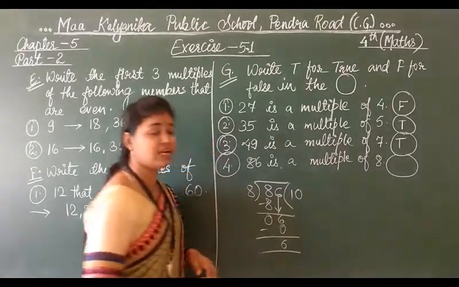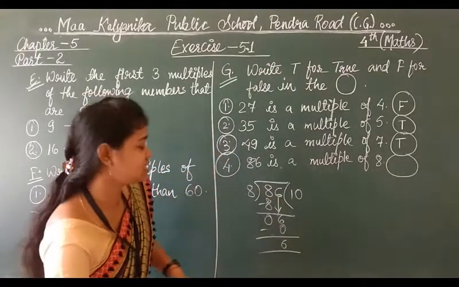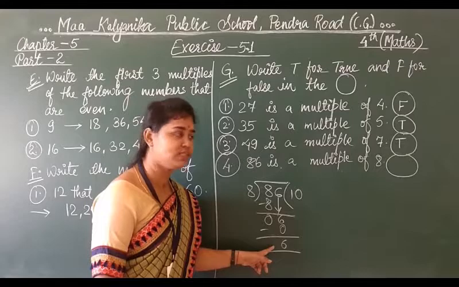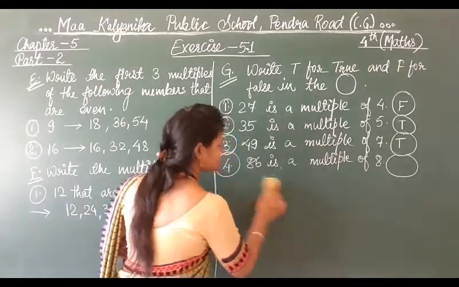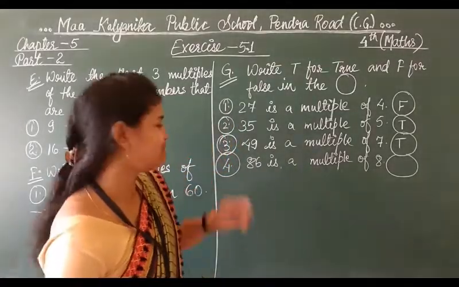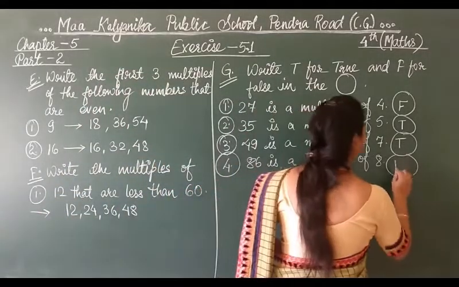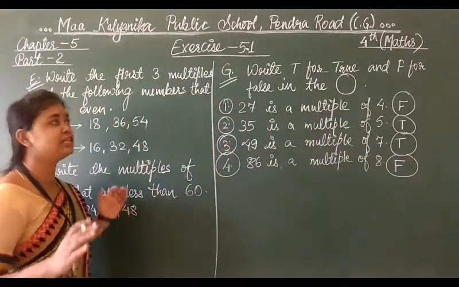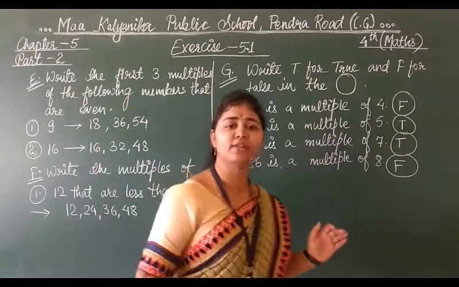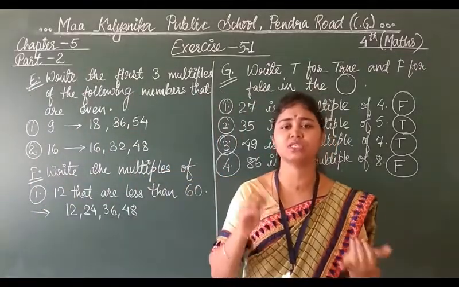So 6 is the remainder here. If the remainder is not 0, it is not divisible by 8, so it is not a multiple of 8. So simple. F, false.